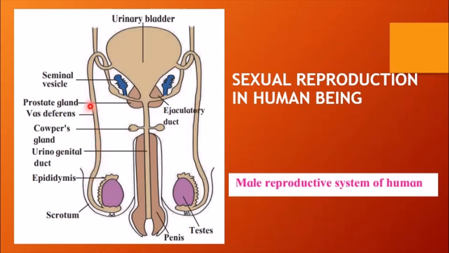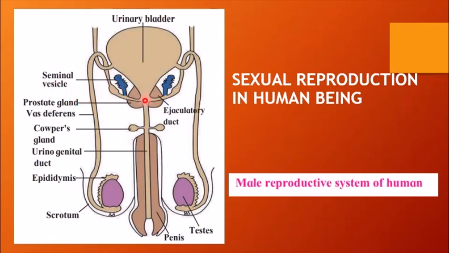Various ducts and glands present here secrete their secretions into the sperms. When the sperm reaches the ejaculatory duct, it gets the secretion of the seminal vesicles there.